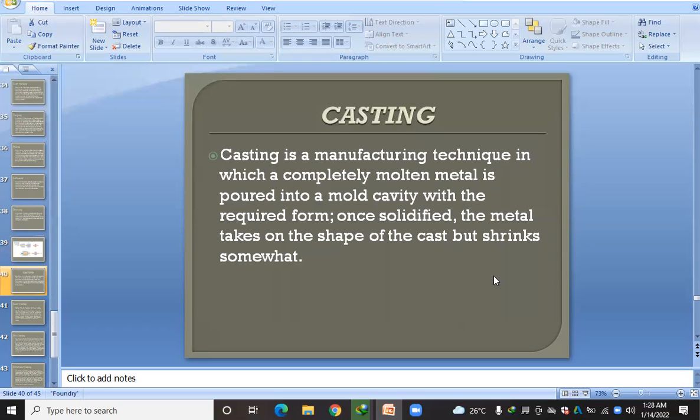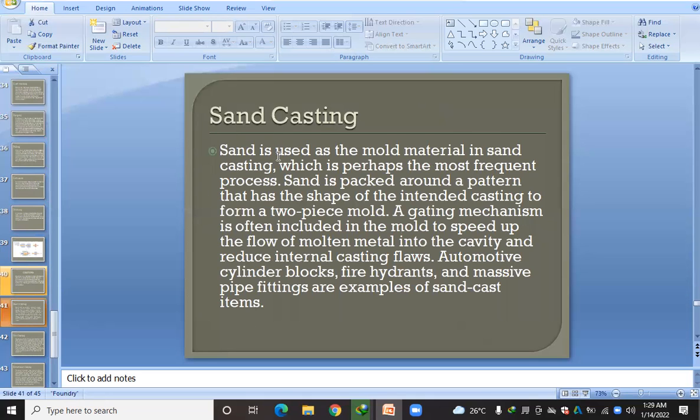Next is the casting. Casting is a manufacturing technique in which completely molten metal is poured into a mold cavity with the required form. Once solidified, the metal takes on the shape of the cast but shrinks somewhat. Sand casting. Sand is used as the mold material in sand casting, which is perhaps the most frequent process.